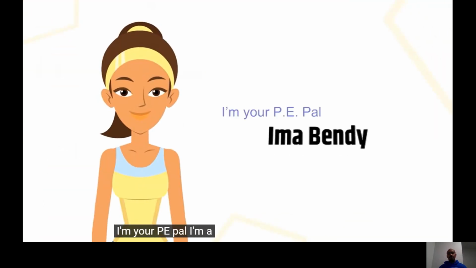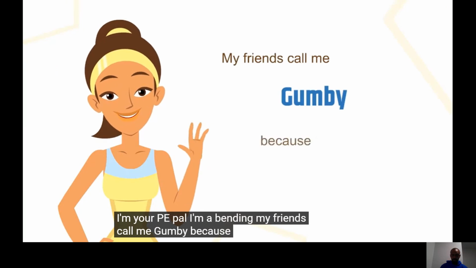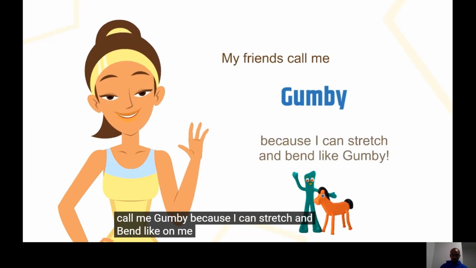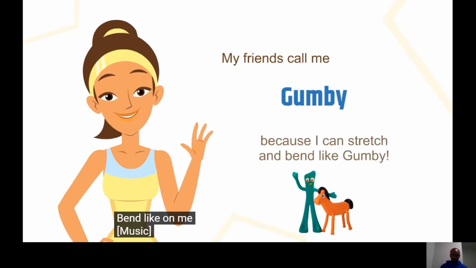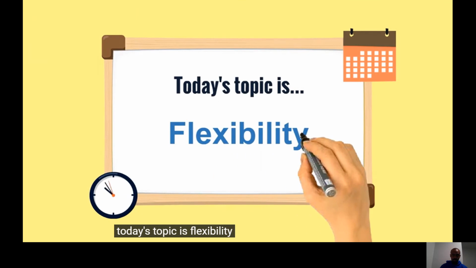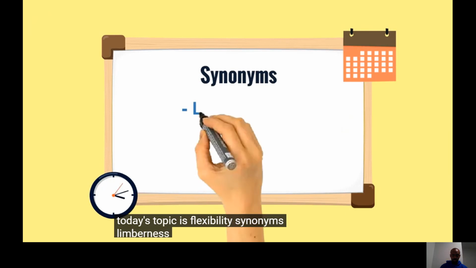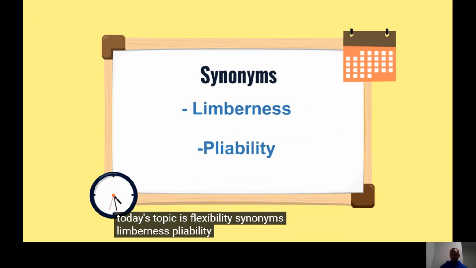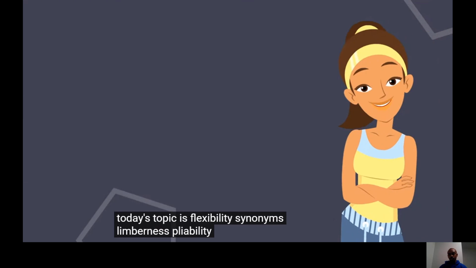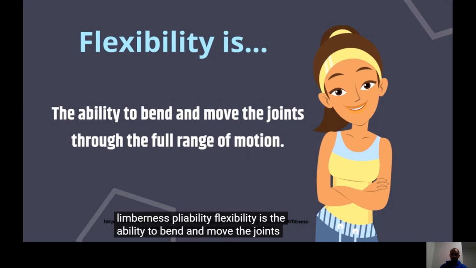Phys Ed, Brain Bites, for flexibility. I'm your PE pal, Ima Bendy. My friends call me Gumby because I can stretch and bend like Gumby. Today's topic is flexibility. Synonyms: limberness, pliability. Flexibility is the ability to bend and move the joints through the full range of motion.